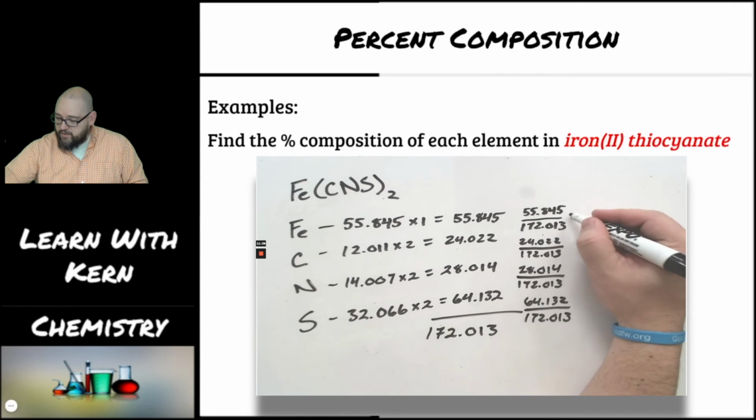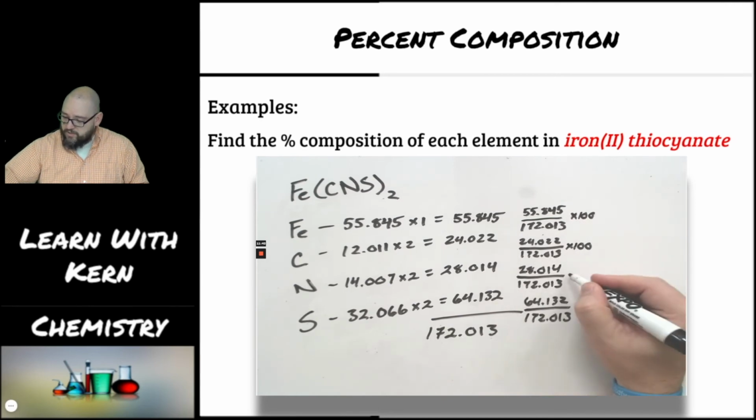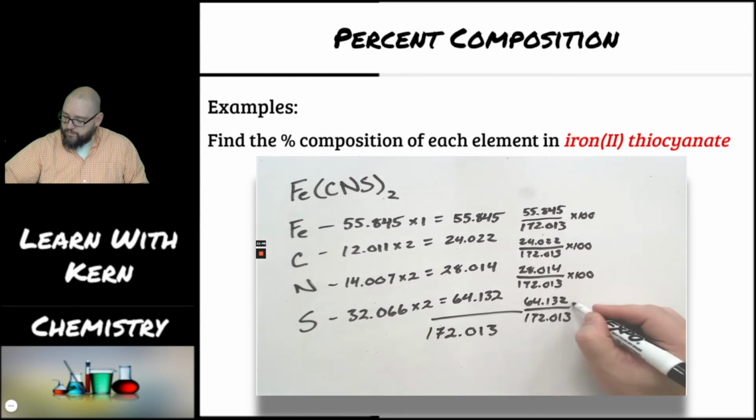Now I'm going to divide those, and each one of those also needs to be multiplied by 100 because it's a percentage. So we have to multiply by 100. All right.